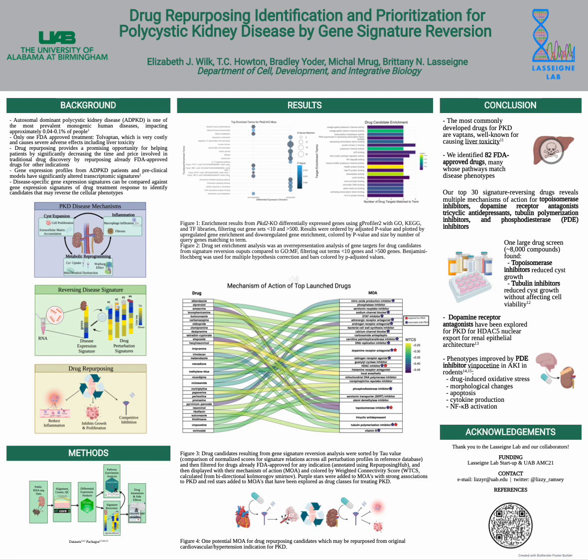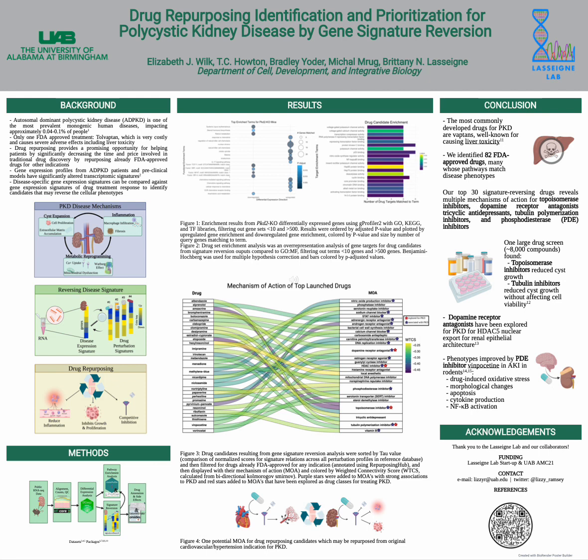So then again, looking at the top 30 drugs that are the most opposite to the PKD disease signature, and then looking at which drugs again are already FDA approved so that we could get them to patients sooner.